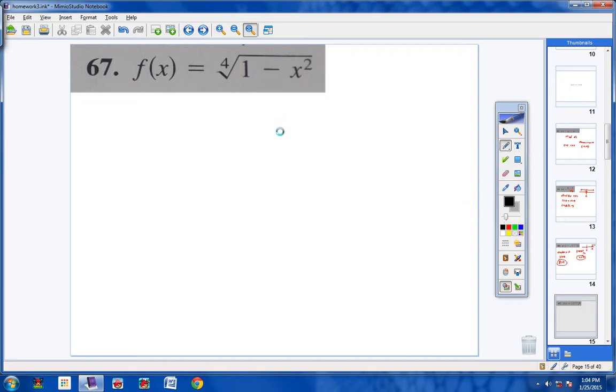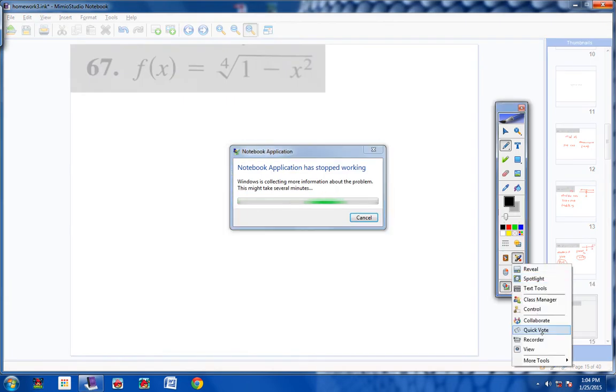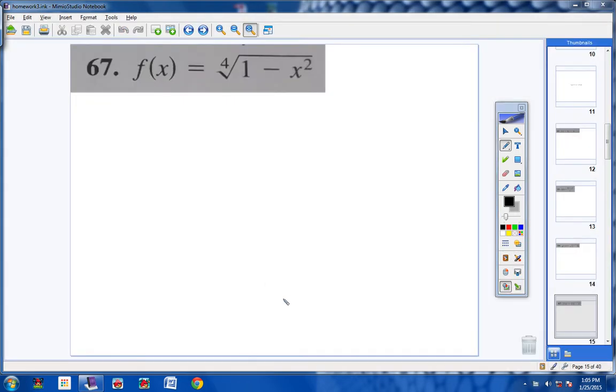So here's what we're going to do. Remember, we talked about this, and we also did one of these in your notes, where you have an x squared. What you do is you set it equal to 0 and solve for x.